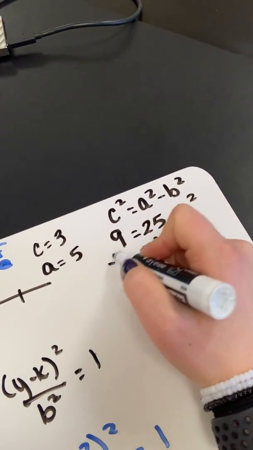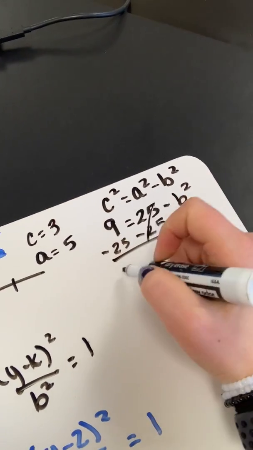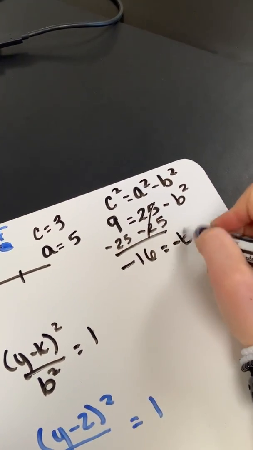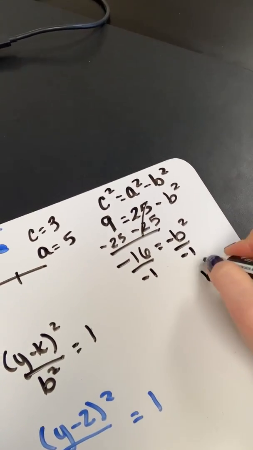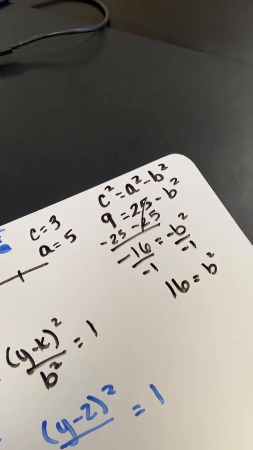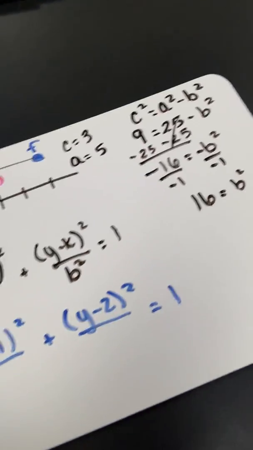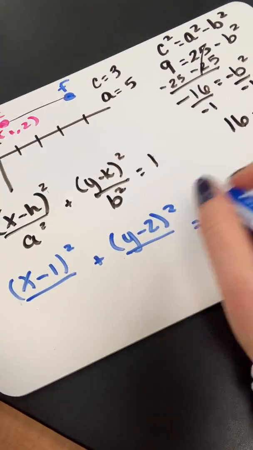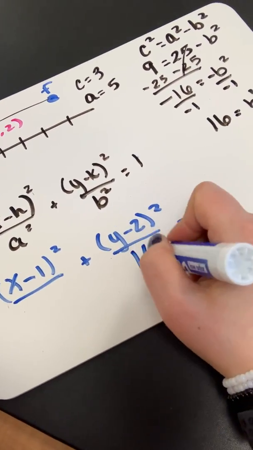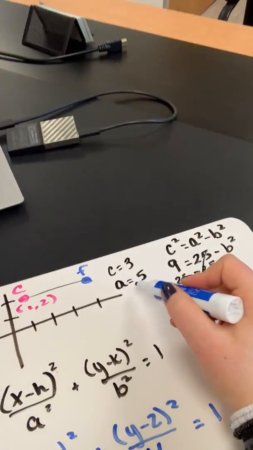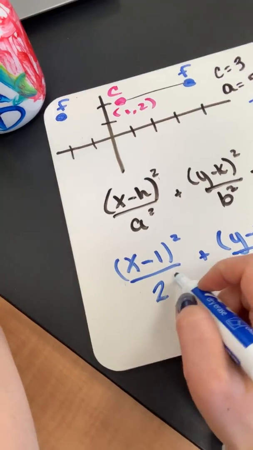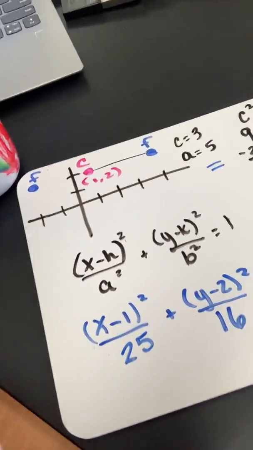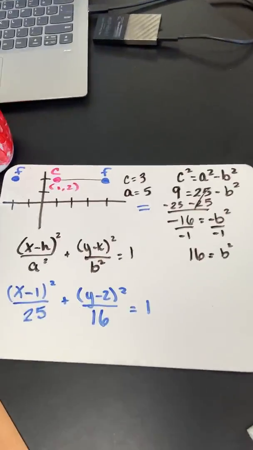Subtracting that out, here we go, negative 16 is negative b squared, and then just getting b squared by itself, b squared is 16. So we're going to plug that into our equation. So that's 16. And then we already said that a was 5, so that meant that a squared was 25. And there we go.